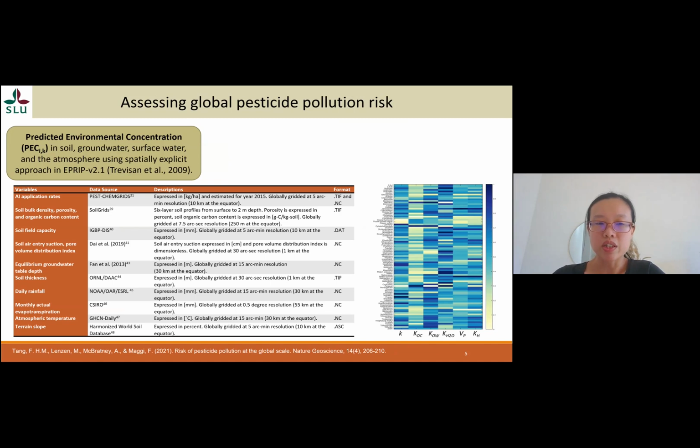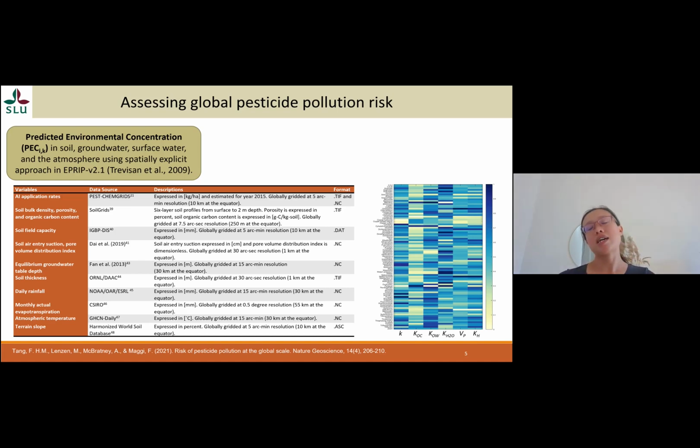The first thing that we did is to predict the environmental concentration of different active ingredients in soil, groundwater, surface water, and the atmosphere. We did this by using a spatially explicit environmental model from Trevisan 2009.